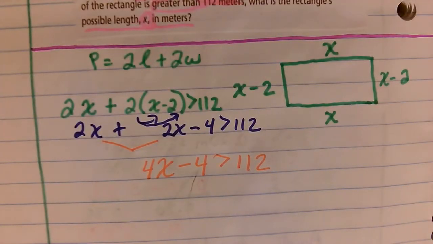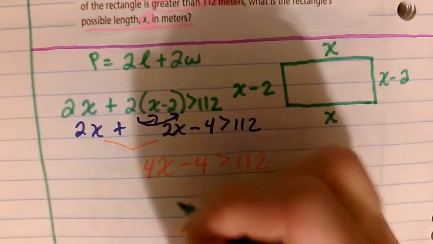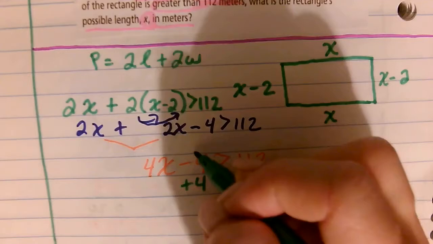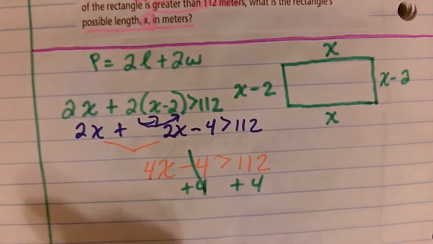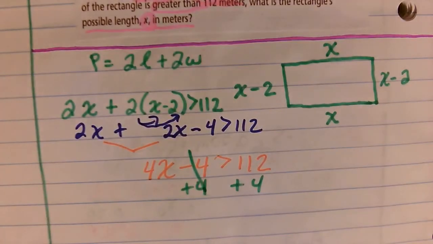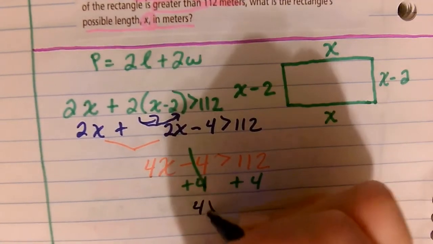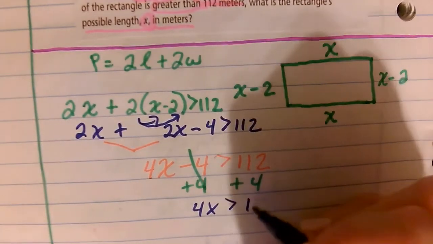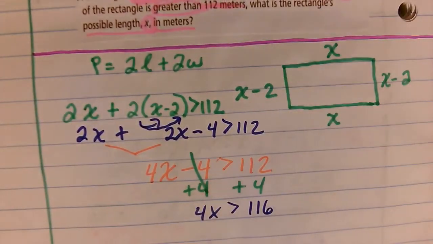Next, add 4 to both sides. Cancel these out. Bring your 4x down, your greater than symbol down, and 112 plus 4 is 116. Okay, we're almost done.